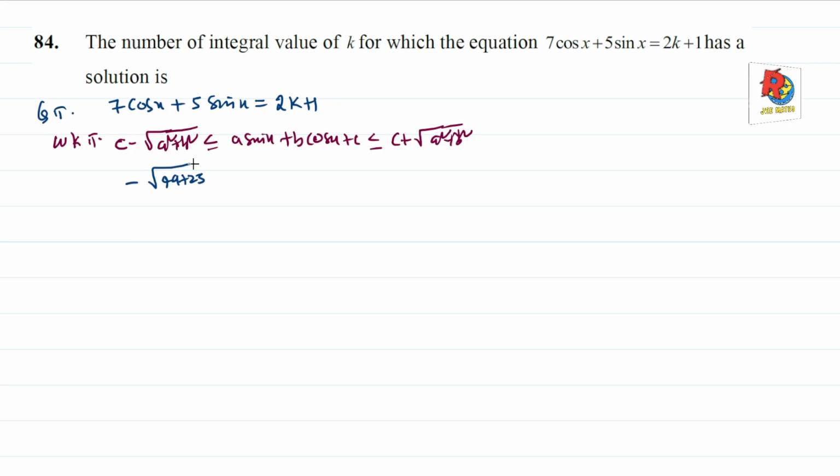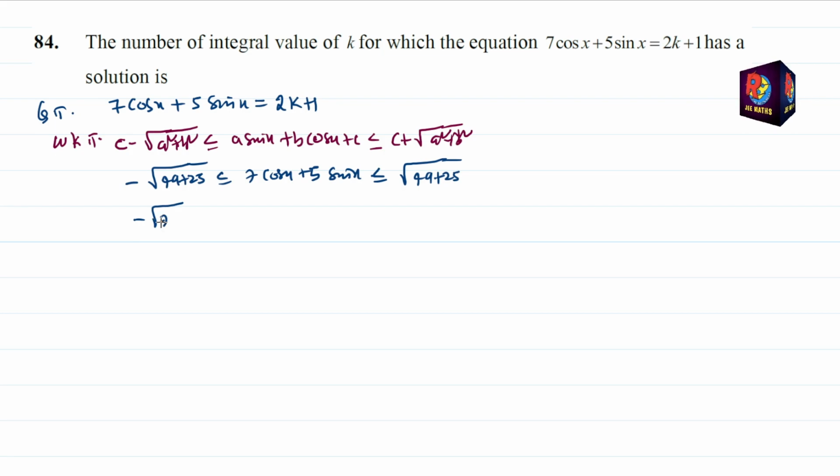Minus root over 49 plus 25 is less than or equal to 7 cos x plus 5 sin x is less than or equal to root over 49 plus 25.